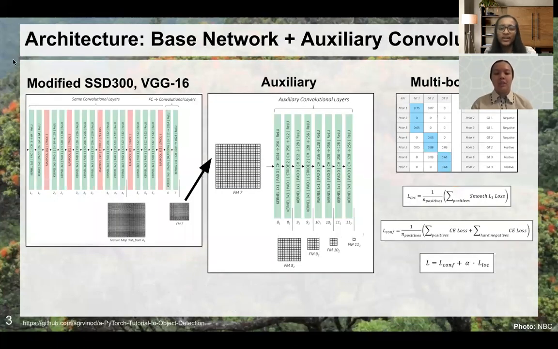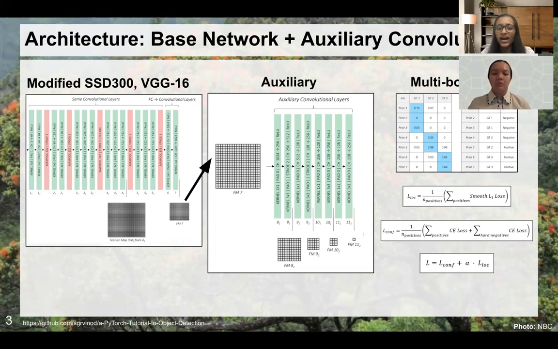Before going into our architecture and approach, I wanted to go over some of the building blocks of the model first. We have 3 different components of the model. One is the backbone, which is a baseline network, a modified version of the SSD300, which consists of a modified version of VGG16.